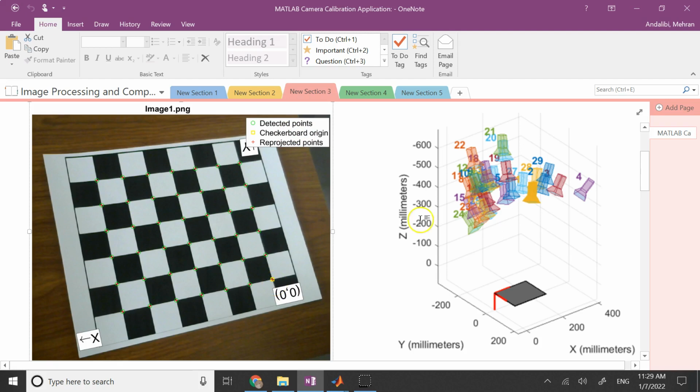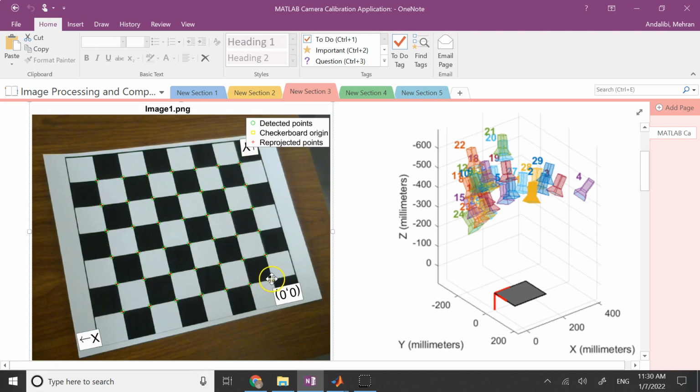The origin, the point 0, 0, is shown with a yellow square. And it can keep detecting the very same point in all images as long as your chessboard is not symmetric 8 by 8. As you see, I made it 7 by 8. Correct? We'll talk about the red cross points, the reprojected points, later. But that's what it is.